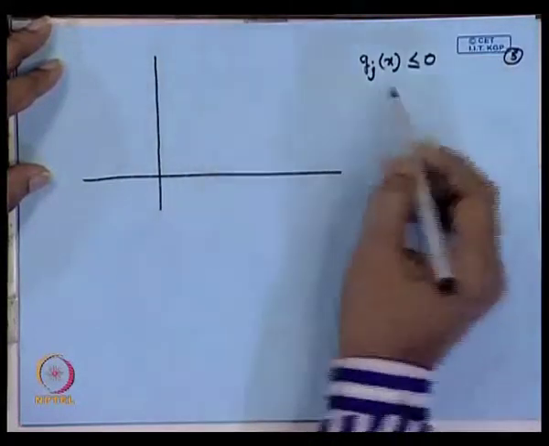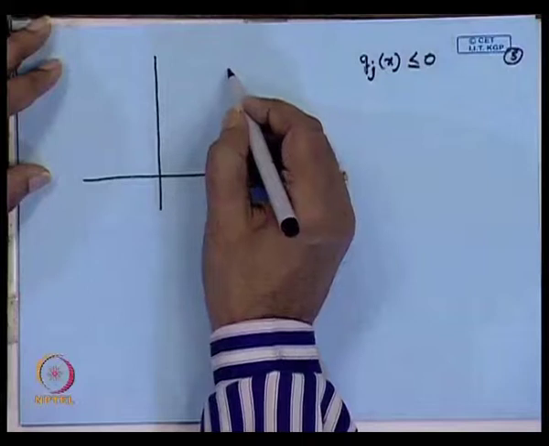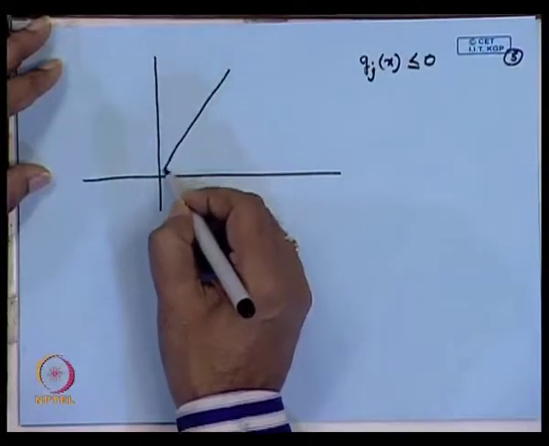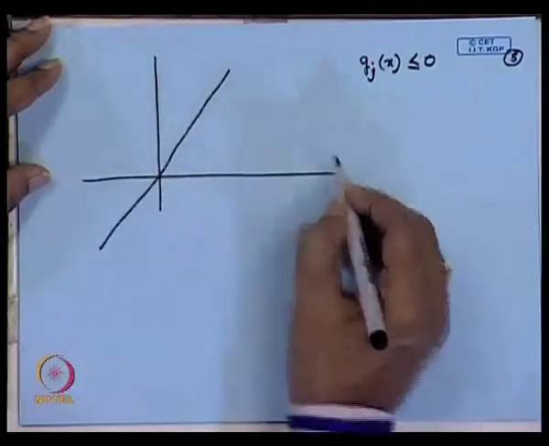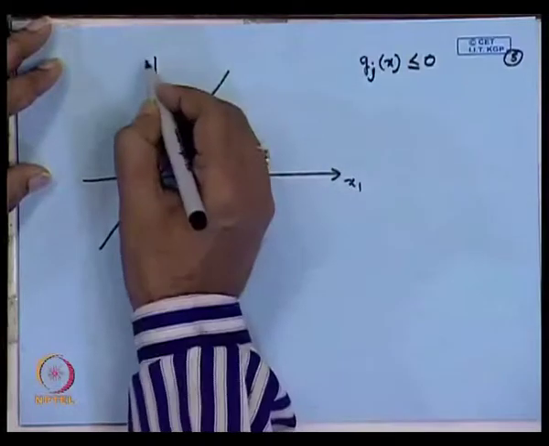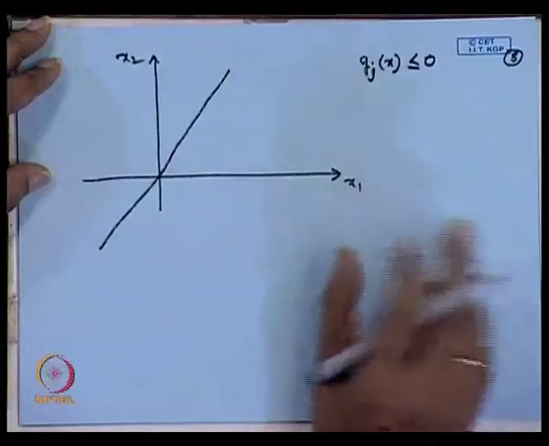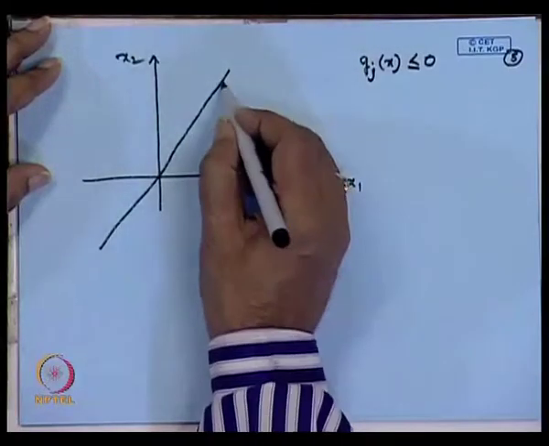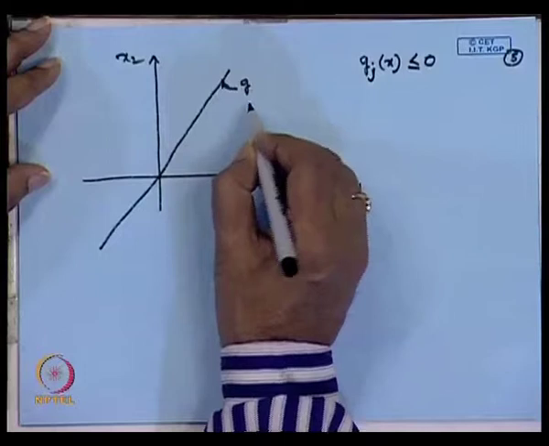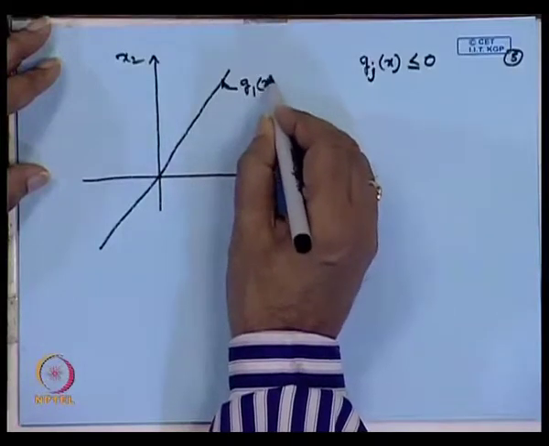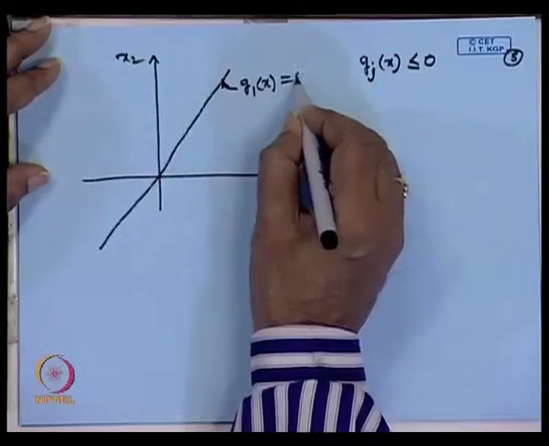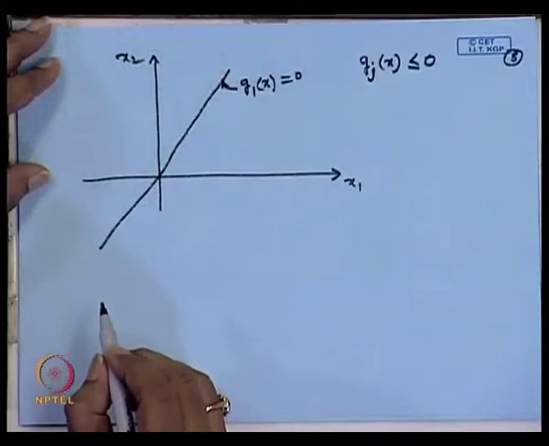Let us call g j equal to 0, I am showing it, this is x 1. You can think of it as if there are two variables for the time being. This equation is g 1 of x equal to 0. Agree?